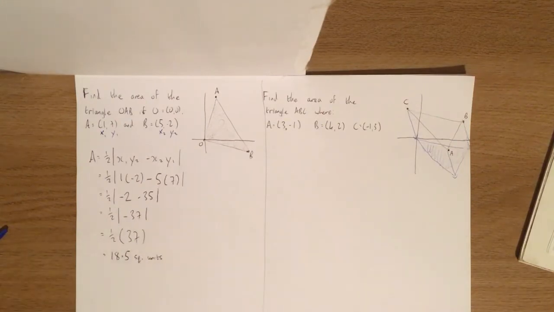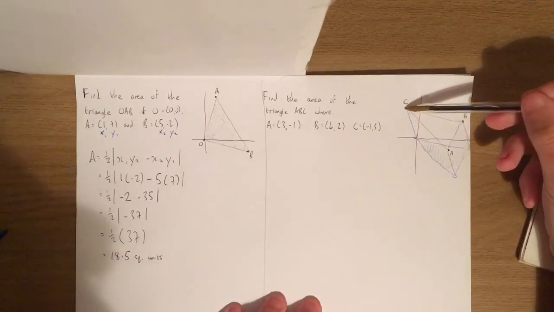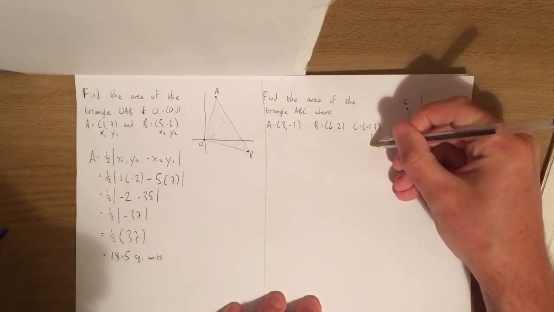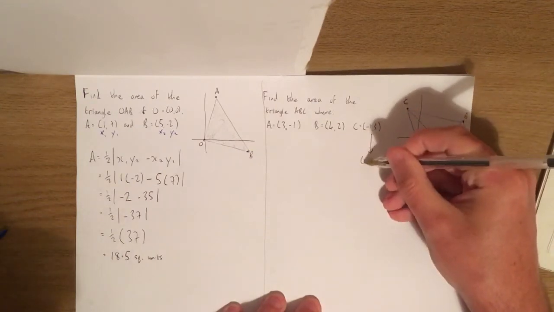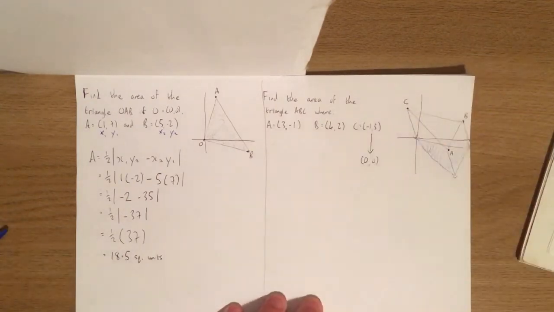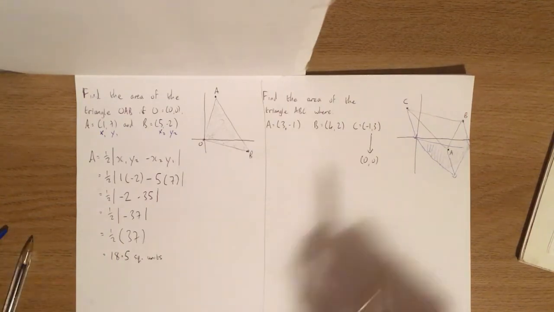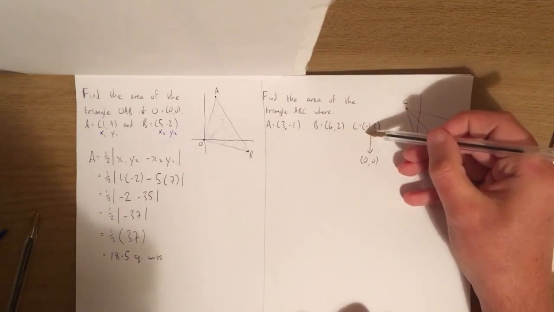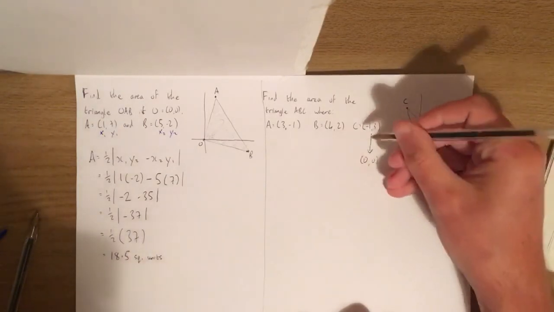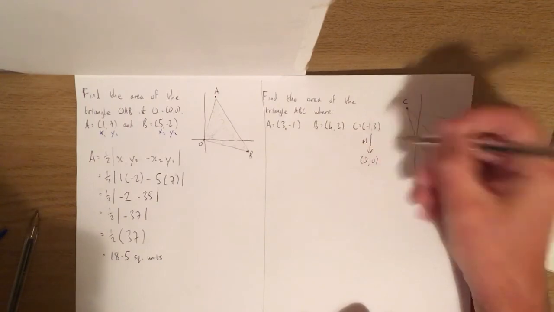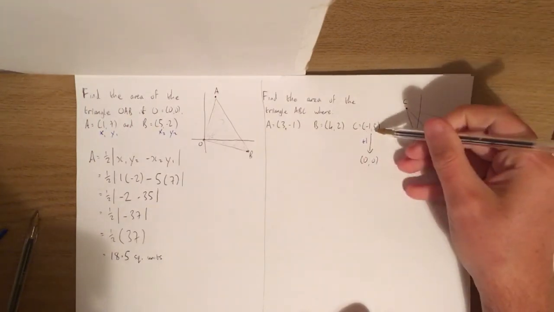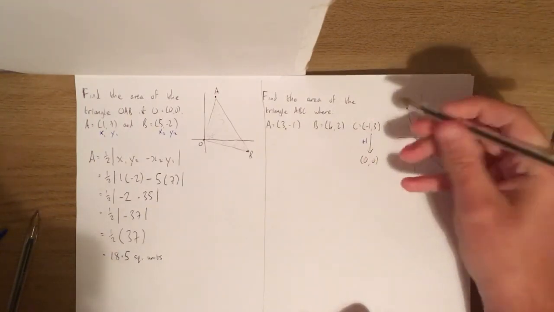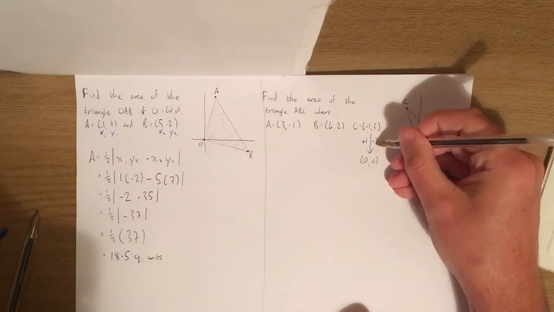On the diagram, that's what I'm doing. How do I do that in practice? I am moving the point C down to (0, 0), so what you're doing there is a translation. What do you do to -1 to get it to 0? You add 1. What do you do to 3 to get it to 0? You take away 3.